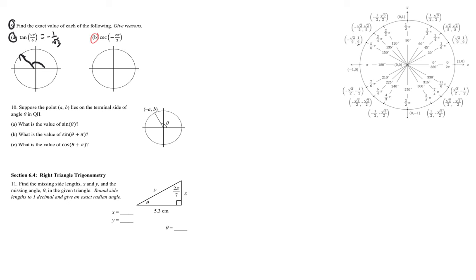Right, now looking at part B, you want to know what cosecant of negative 2 pi over 3 is. Another way we could write this is 1 over sine of negative 2 pi over 3. So we know this is going to end up being 1 over our y value. So we have this negative 2 pi over 3 there, so we need to find the coterminal angle.